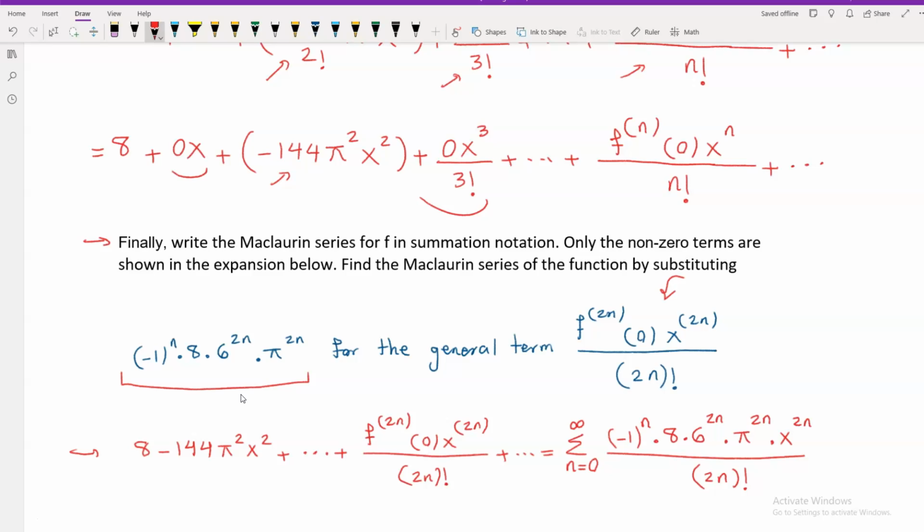So this is equal to sum of, we have this part here. So -1 to the n power multiplied by 8 multiplied by 6 power is 2 times n multiplied by pi power is 2 times n, then multiplied by what we have here on this part is x power 2n divided by what we have here is 2n factorial.